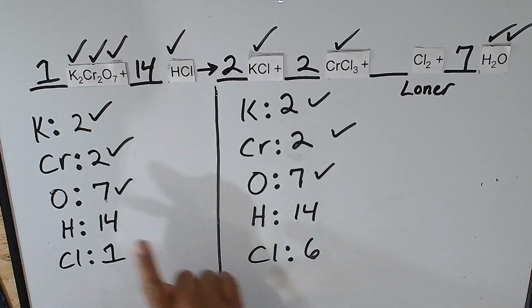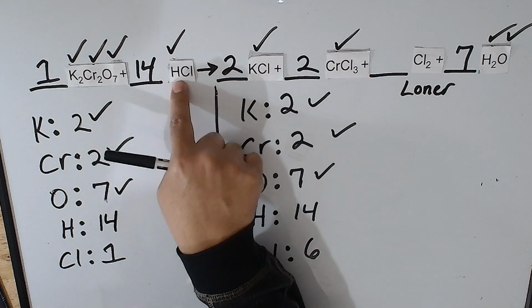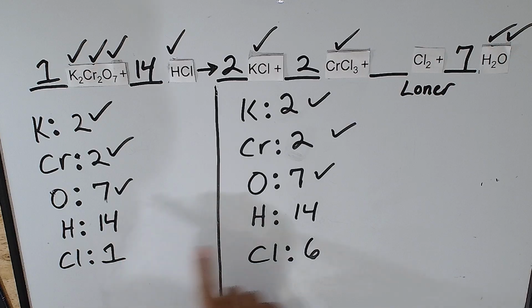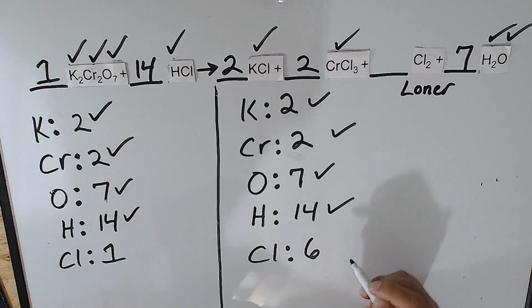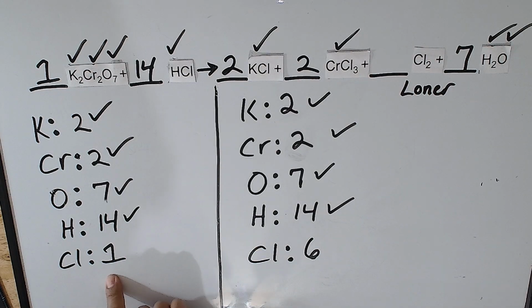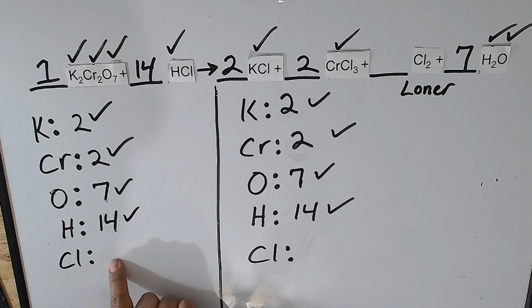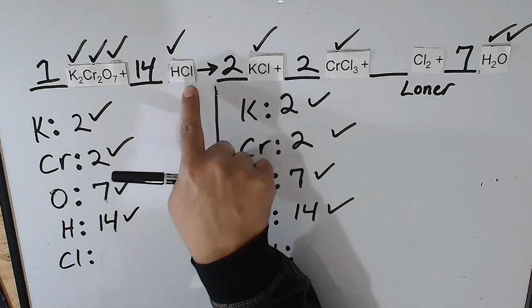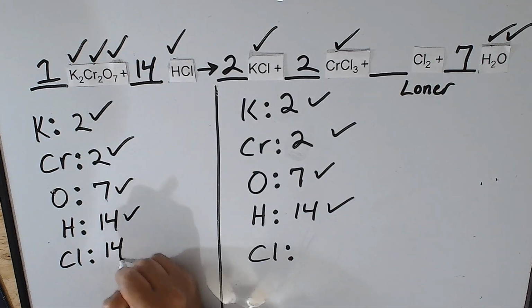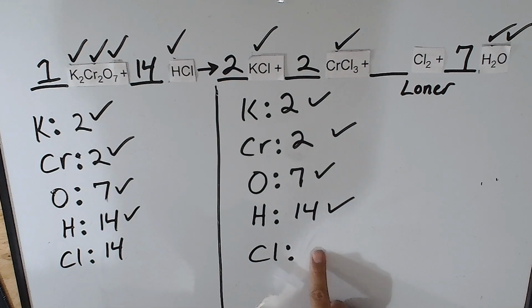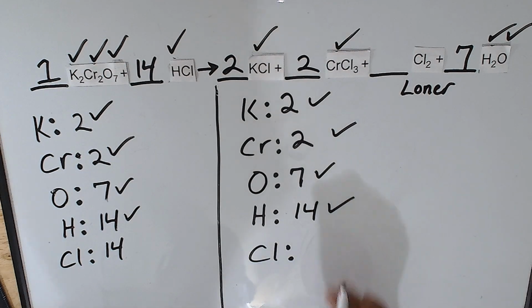Now, for our hydrogens, we have 14 of them. And we talked about that already. So the only ones that are left are our chlorines. We have a total of 14 chlorines. So I also need to have 14 over here. But let's find out how many we have so far.